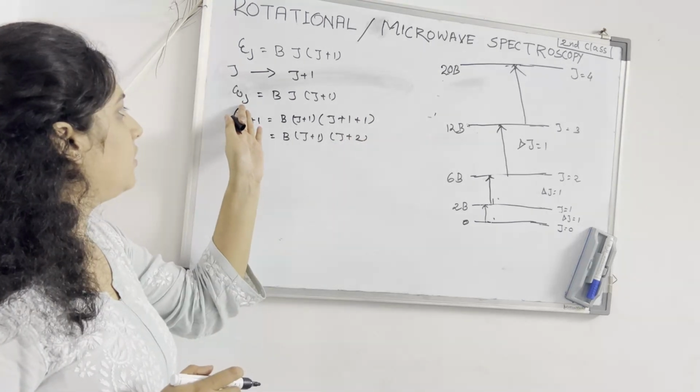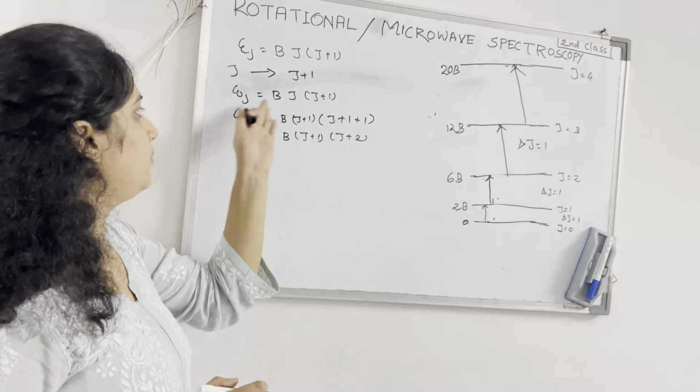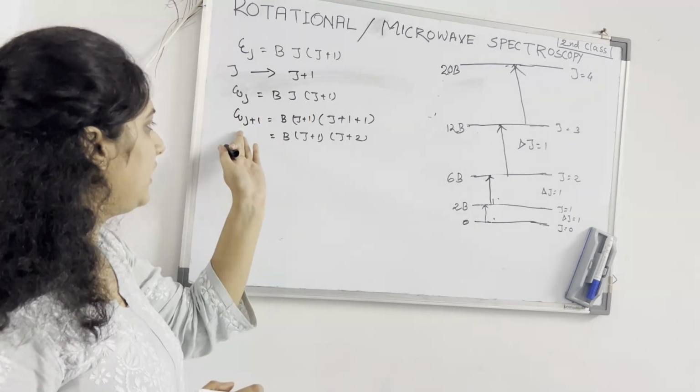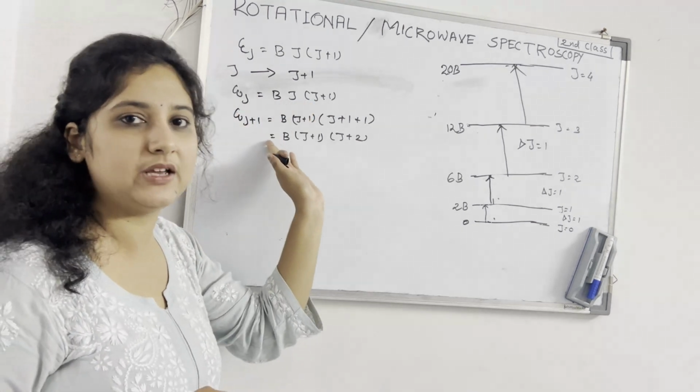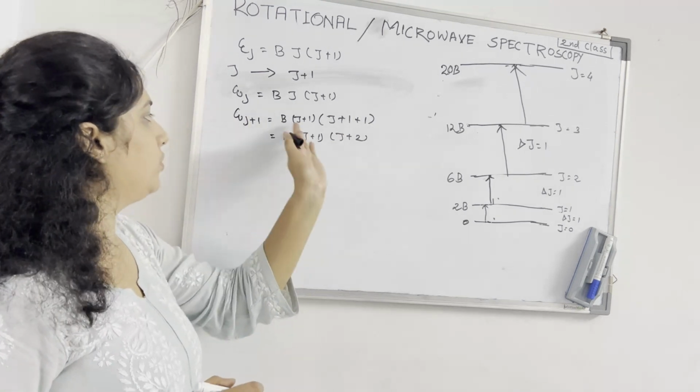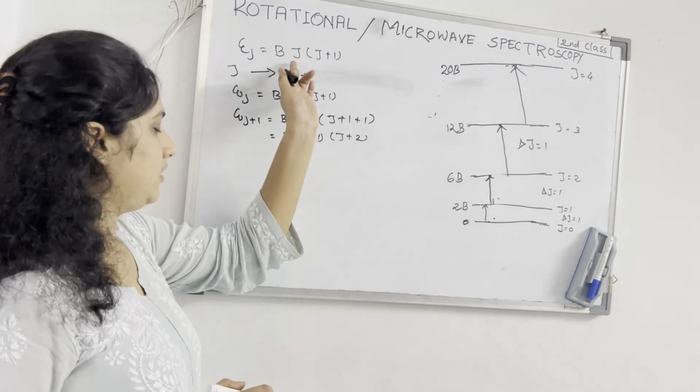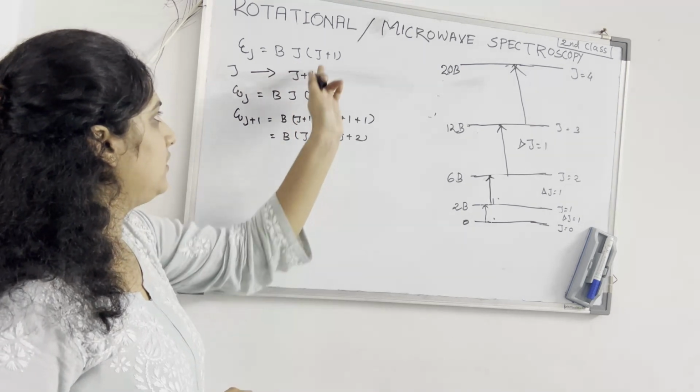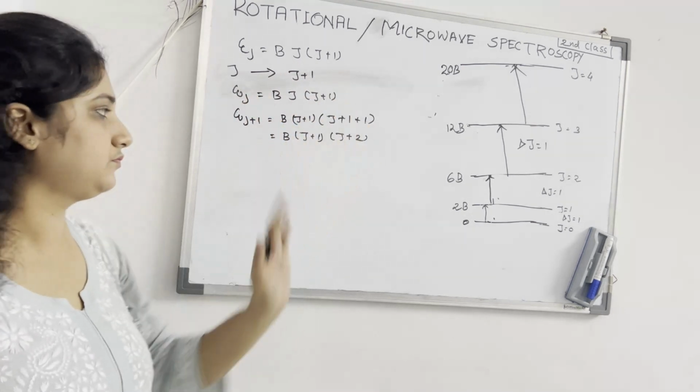The rotational quantum number is J, that's why I put J into J plus 1. But here the rotational quantum number is J plus 1, that means in place of J I have to put J plus 1.